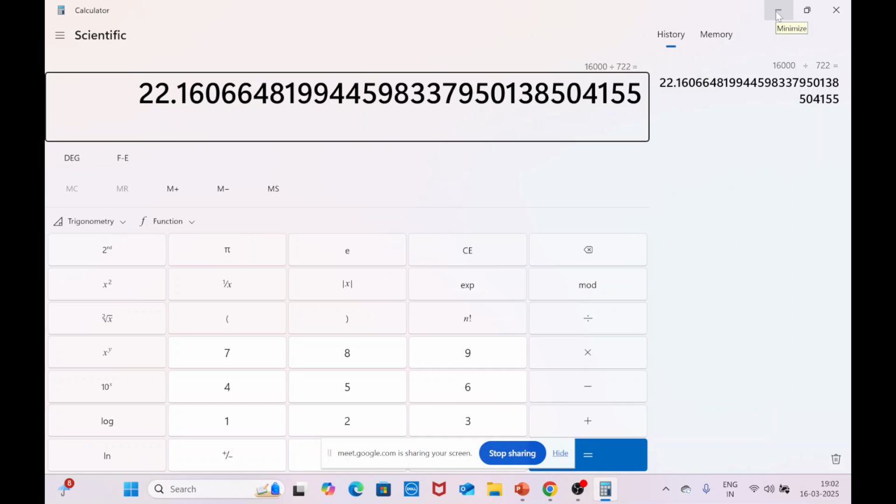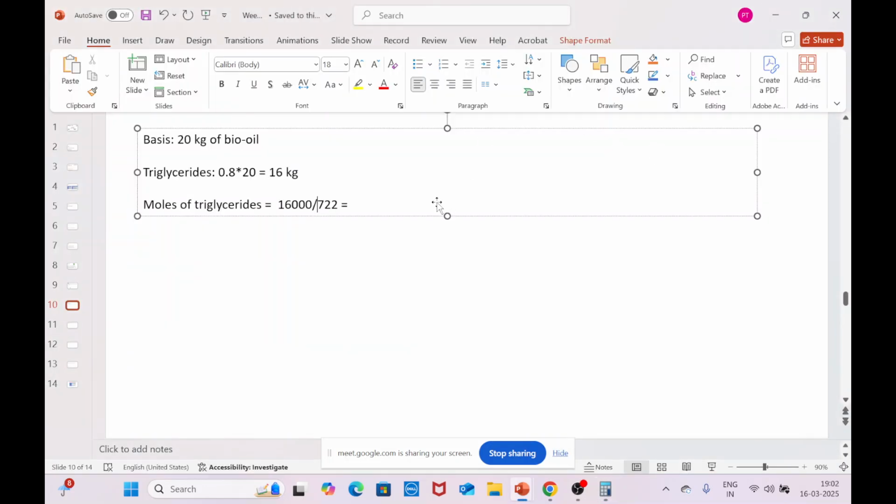That is 22.16 moles, or you can write it as 0.02216 kilomole.